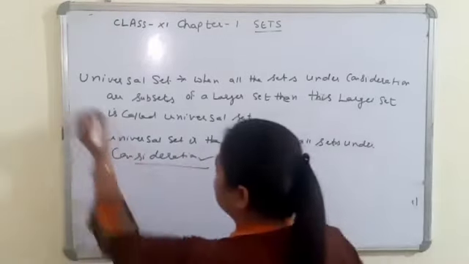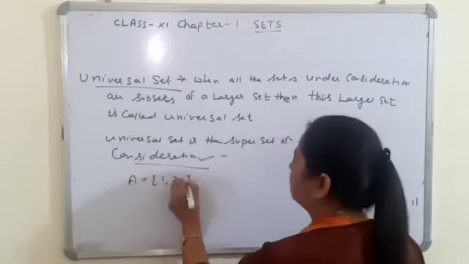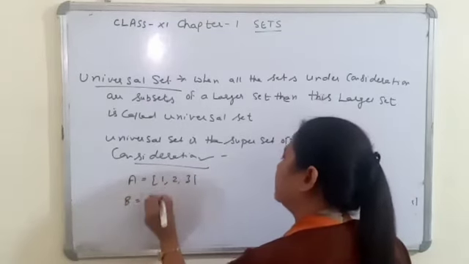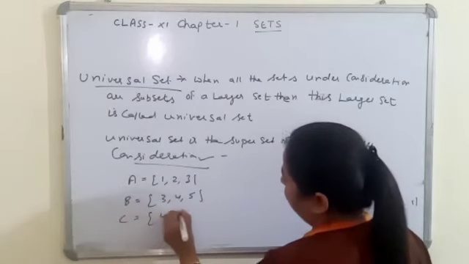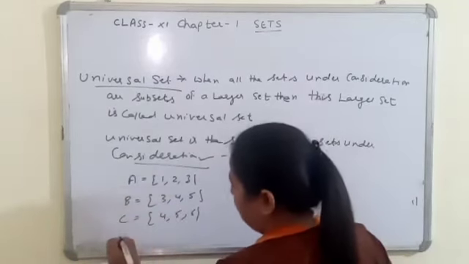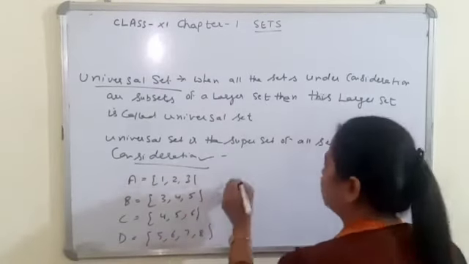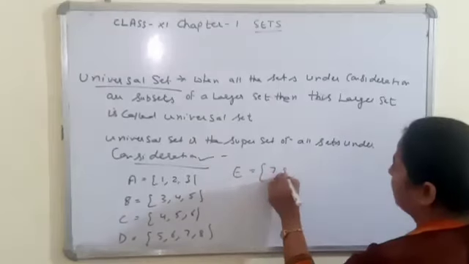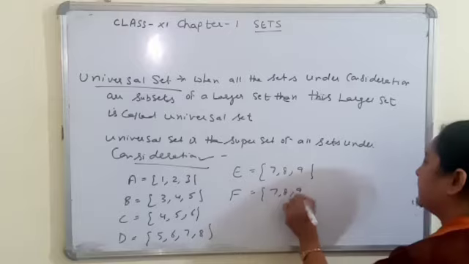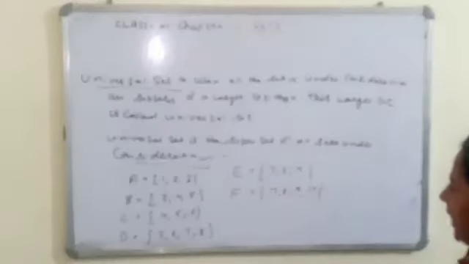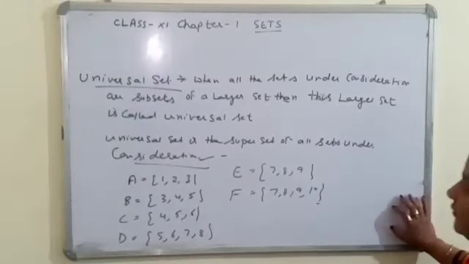Let's try to understand this definition by taking an example. Suppose here is a set A: 1, 2, 3, and another set B: 3, 4, 5, C is 4, 5, 6, D is 5, 6, 7, 8, E is 7, 8, 9, and F is 7, 8, 9, 10. Now these are the sets A, B, C, D, E, F, the sets under consideration.